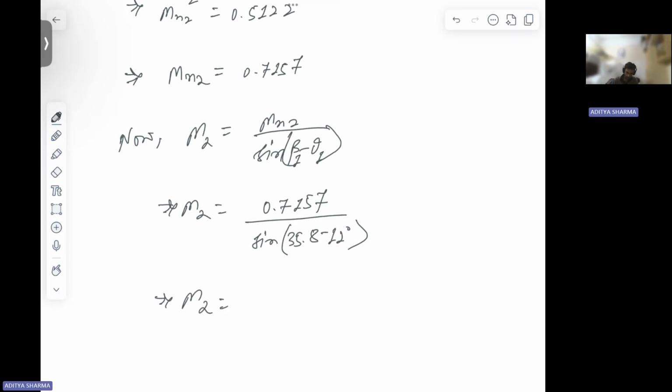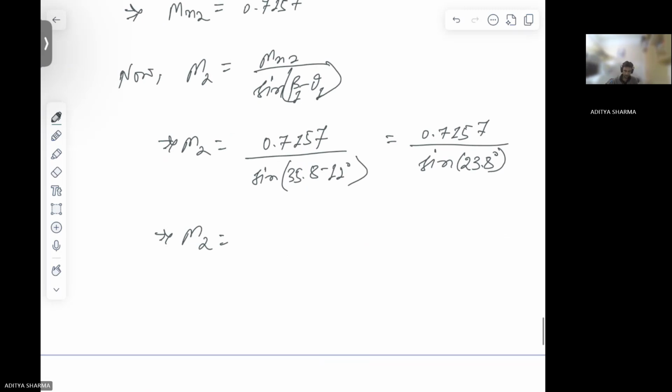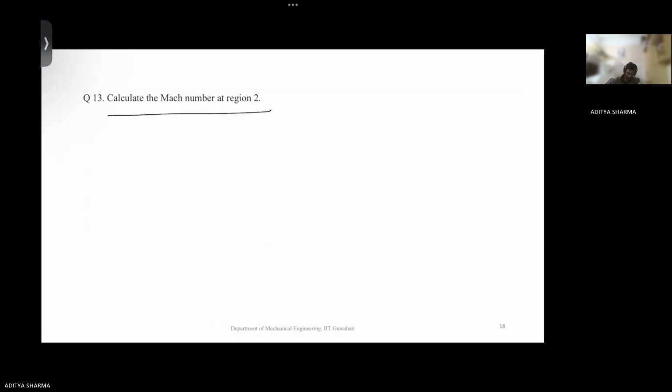So M2 will come out to be 1.7736. So this is your M2, or 1.77. Now M2 we have, so 1.77.